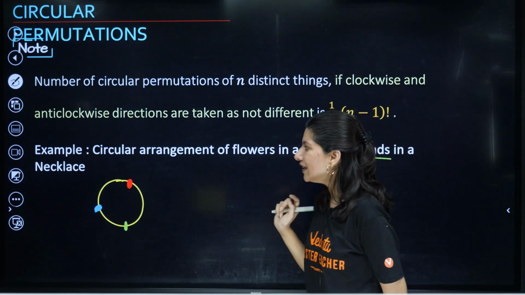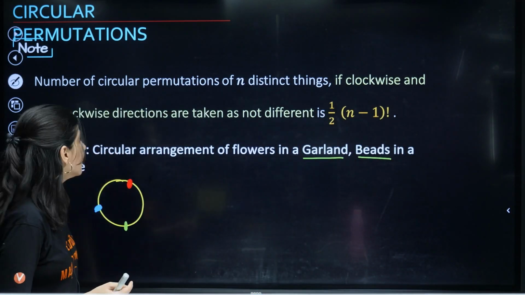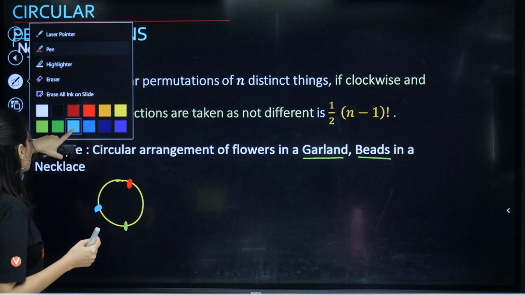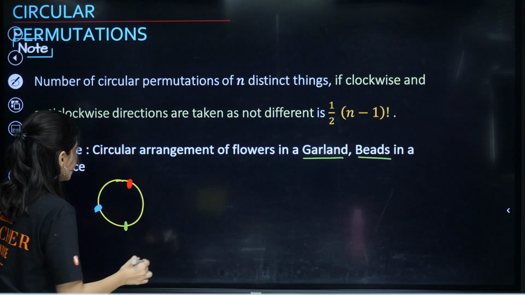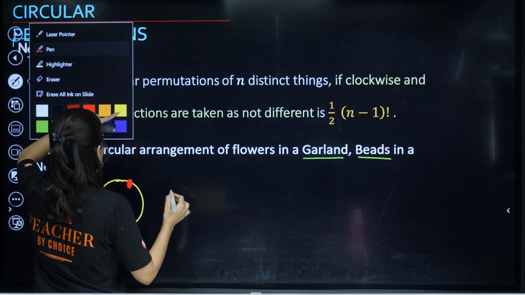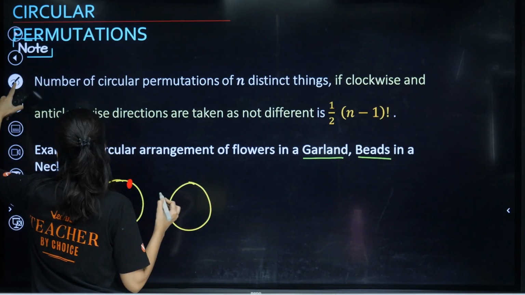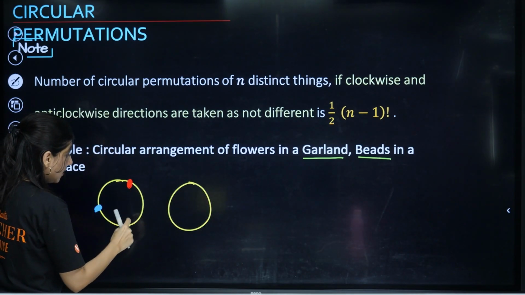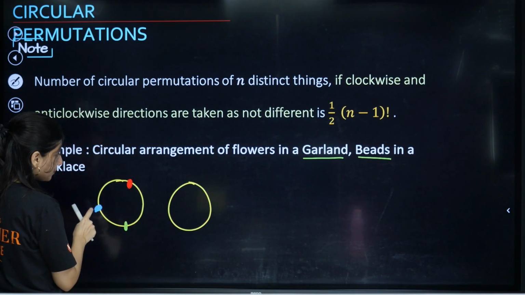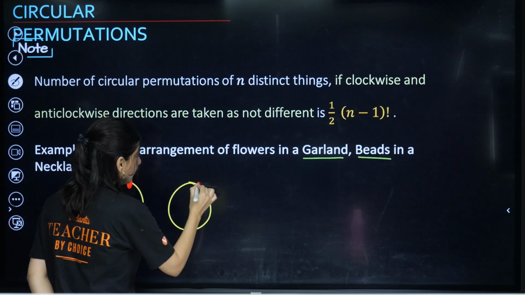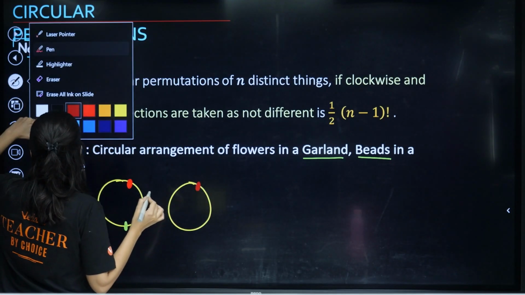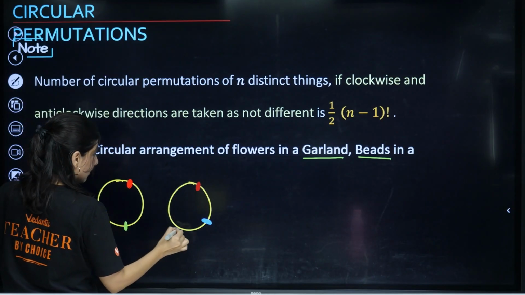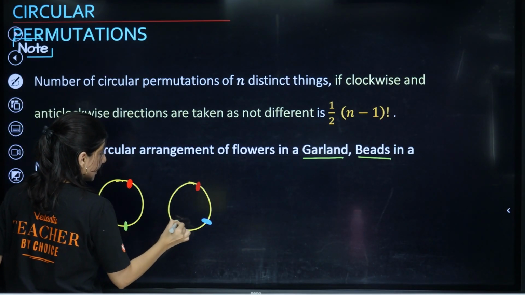So the first one is this: red, green, blue. Tell me what the second fashion is. Clearly, the second one will be, if red is here, then blue, and then green. This is another type of arrangement.